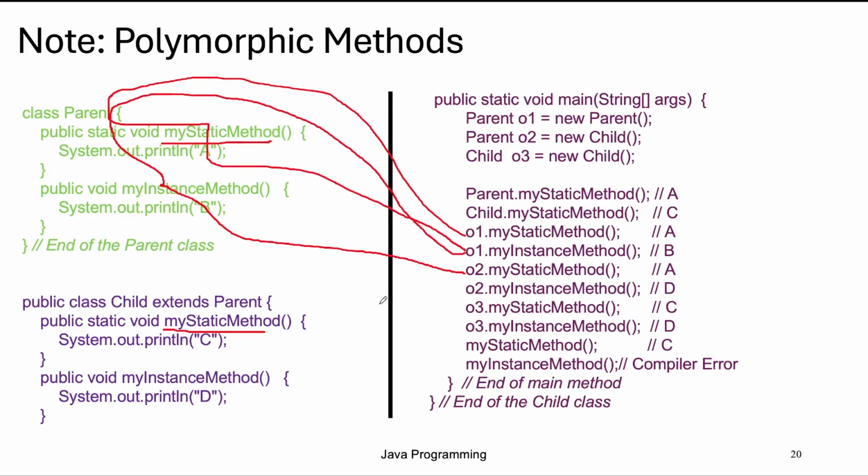It will not enter into the child. Instead, it will go to the parent's static method, prints A, and then comes out.